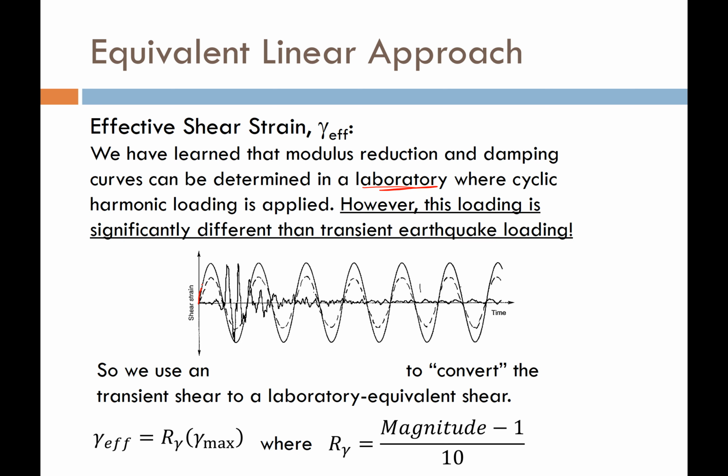So that's going to be nice cyclic harmonic loading that's going to look something like this. And yeah, you get the idea. The problem is that this isn't the way that nature loads the soils. Instead, nature loads the soils using transient ground motions that are going to look like this.